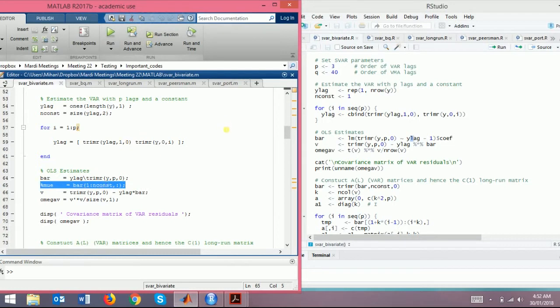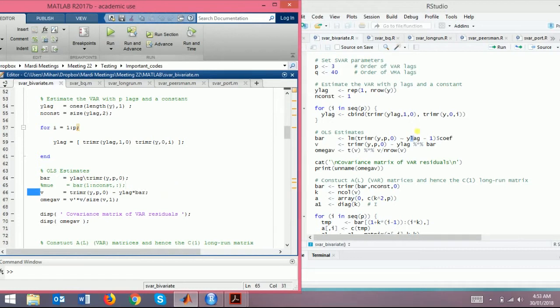Whatever number of columns we have, we'll have number of constants appearing. That makes sense, because for each equation in the system we will have one constant, right? So if we have two constants, then 1 to number of constants, very simple, for all columns.